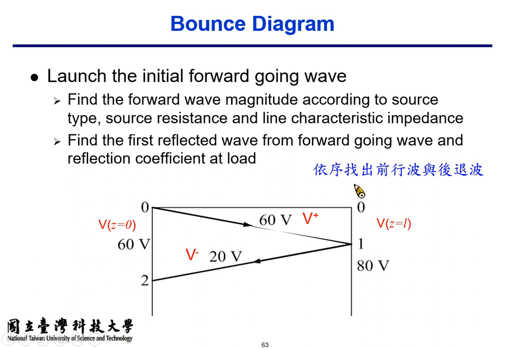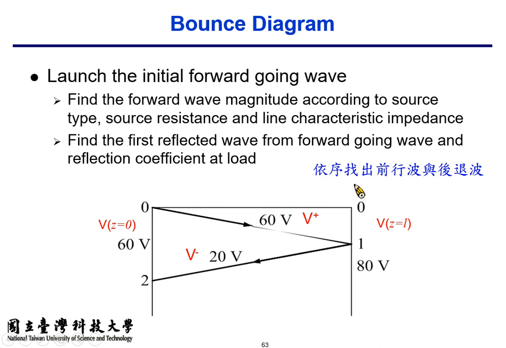All right, and here we marked 80 volts. Why? Because after the time equals 1 microsecond, on the right-hand side you will observe the V plus signal and the V minus signal at the same time.